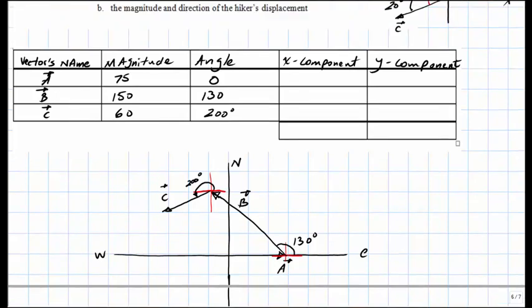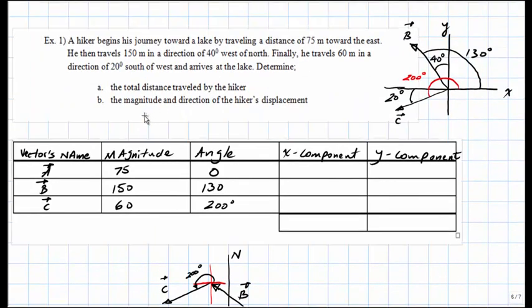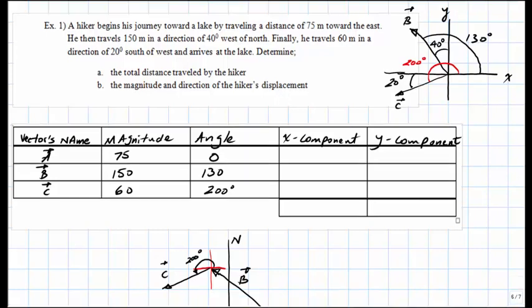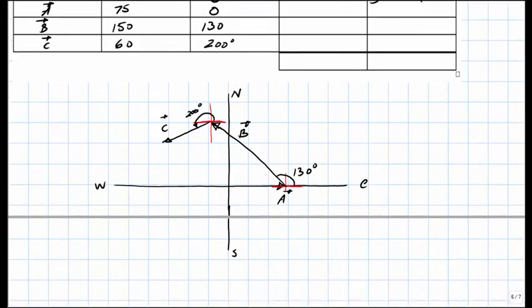Now, the second part of the problem asks us to determine the magnitude and direction of the hiker's displacement. Well, the displacement is just defined as the straight line distance between where we started and where we ended. We call that the resultant. And the resultant can be drawn by connecting the origin to the tip of the last vector.